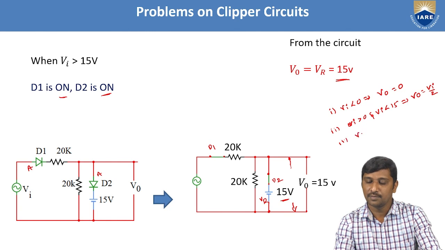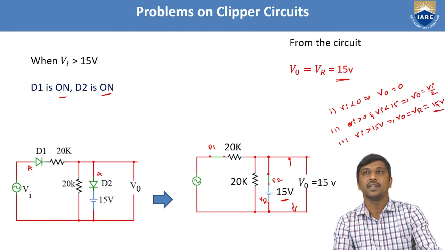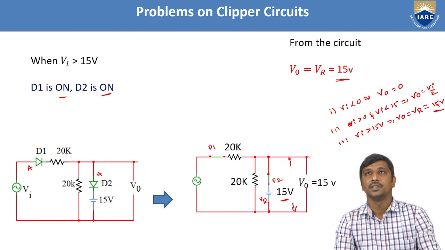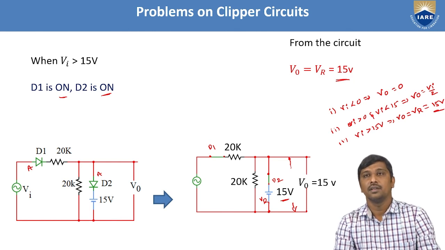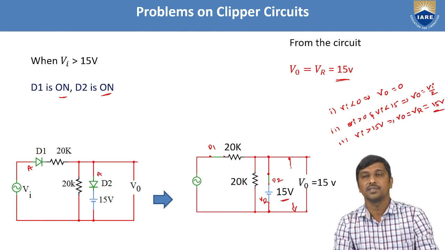And the third case, when Vi is greater than 15 volts, V naught is equal to the given reference voltage, that is 15 volts. Up to this point, we discussed some of the problems on clipper circuits.